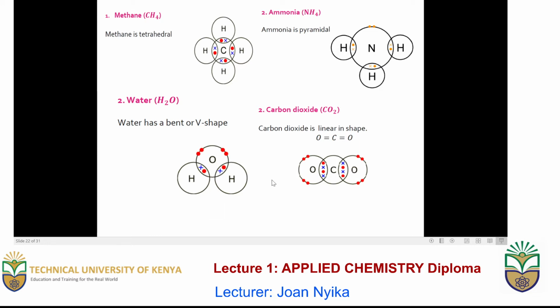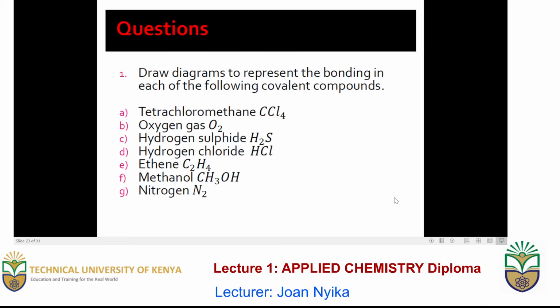This is the same case in carbon dioxide, where the carbon is deficient of 4 electrons, while the oxygen is deficient of 2 electrons. Therefore, they end up sharing the electrons in what will form a double bond so that both of them can be in an octet state.